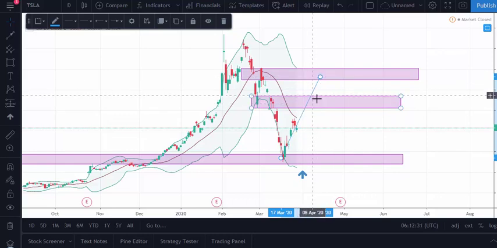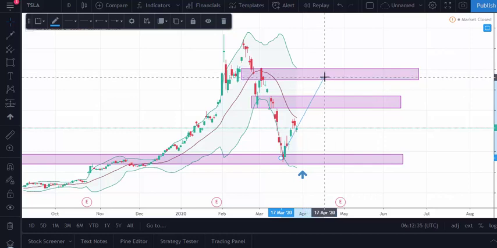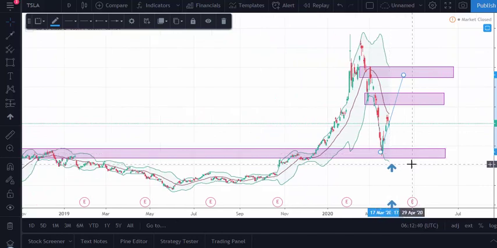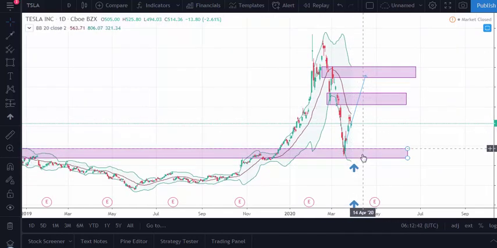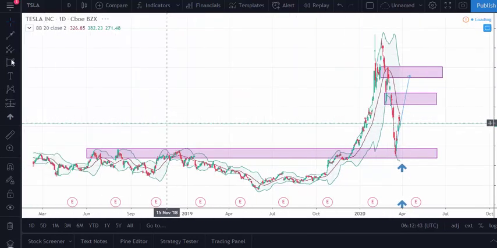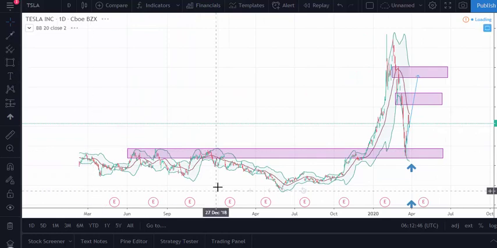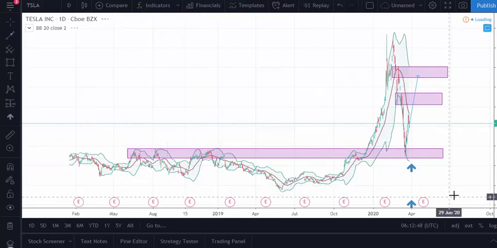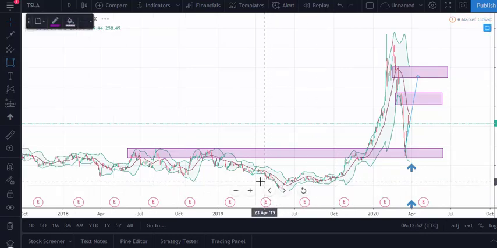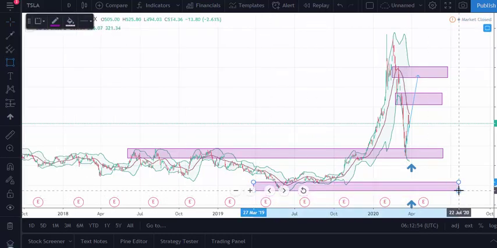But if the price breaks this level and stays above it, we'll see this resistance zone again and finally this resistance zone. But for now, if the price is rejected from here and comes again to here, we have another support level, which is something around here.